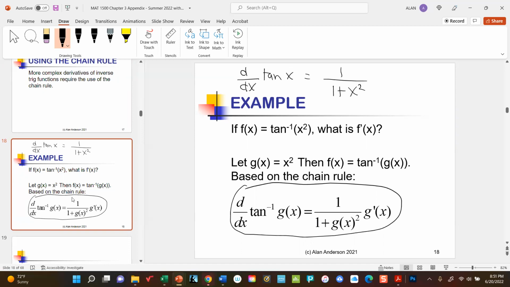If g of x is x squared, then of course g prime of x would just be 2x. Oh, that wasn't so hard. The tricky part was just recognizing that this is now the arctangent of a function of x. And therefore, by using the chain rule, we need not just g of x expressed here, but we also need g prime of x.